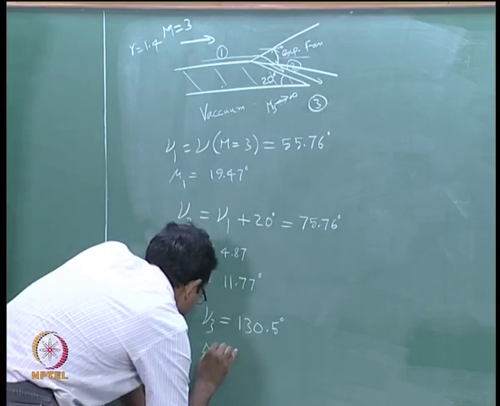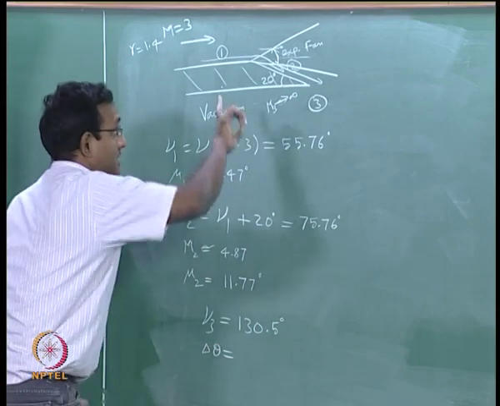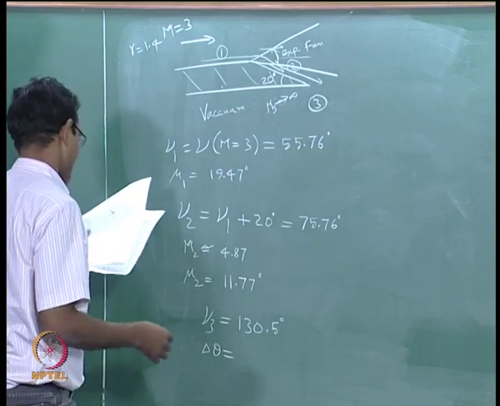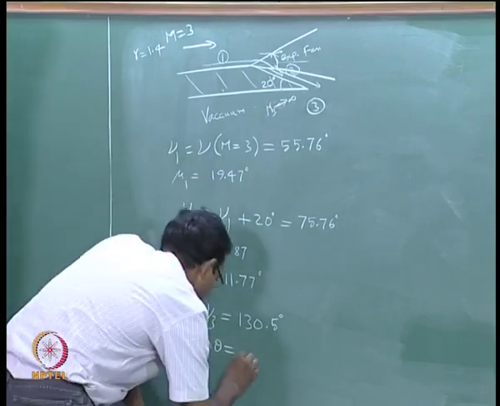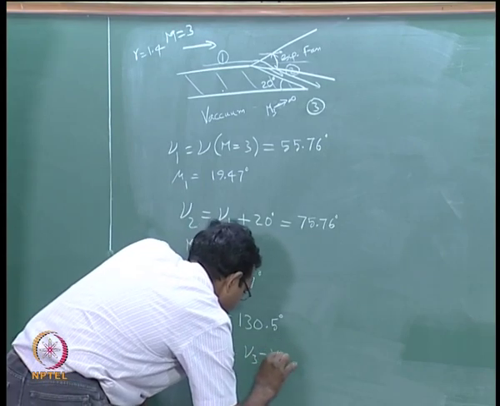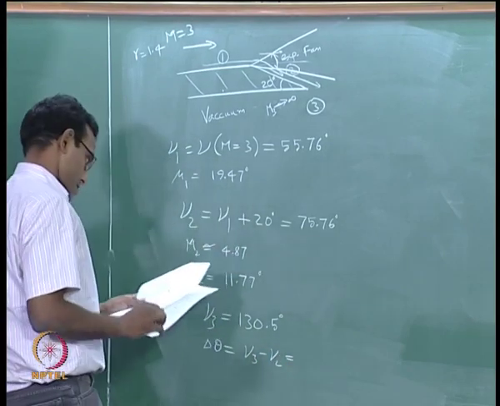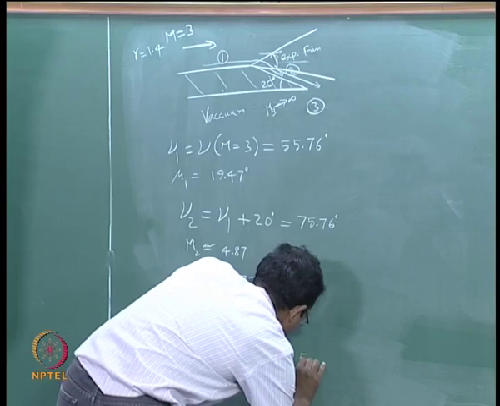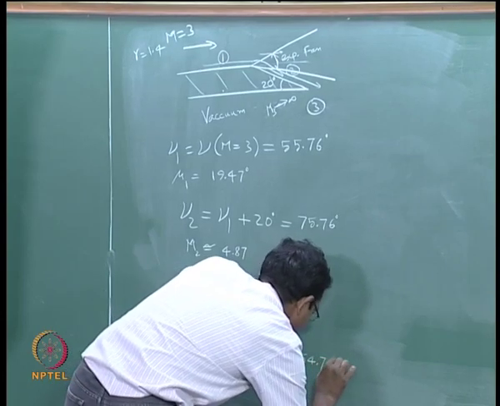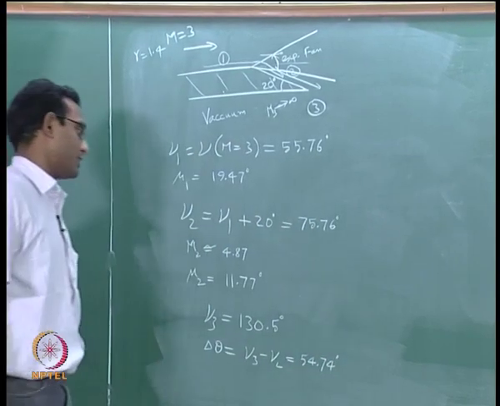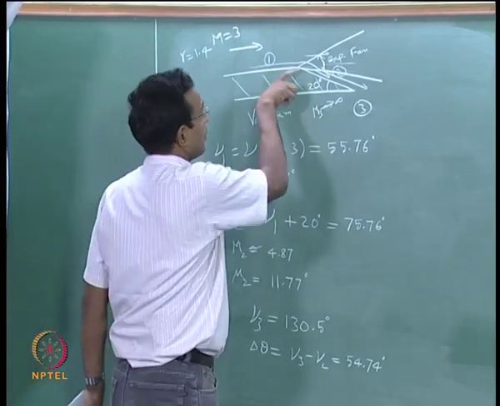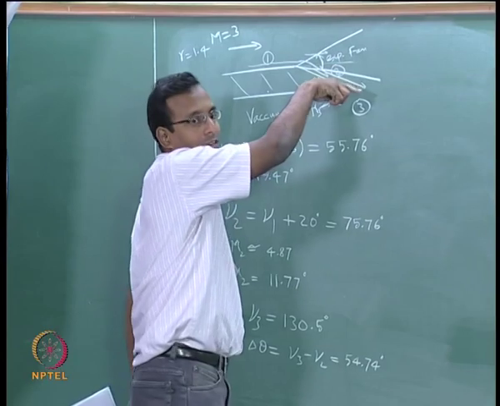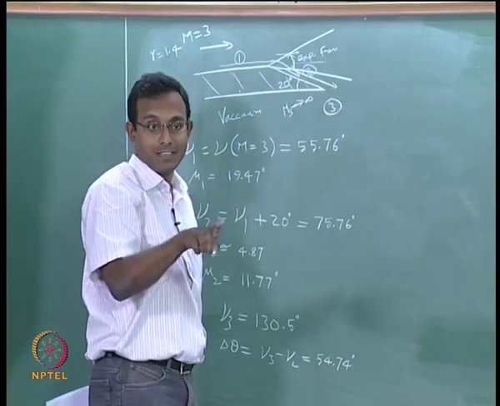So, my delta theta, the change in angle of the streamline, comes out to be nu 3 minus nu 2, which happens to be 54.74 degrees.